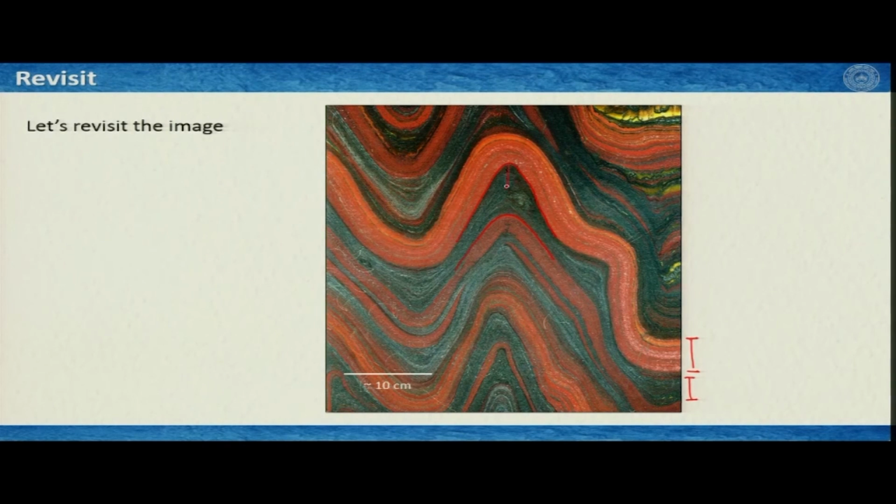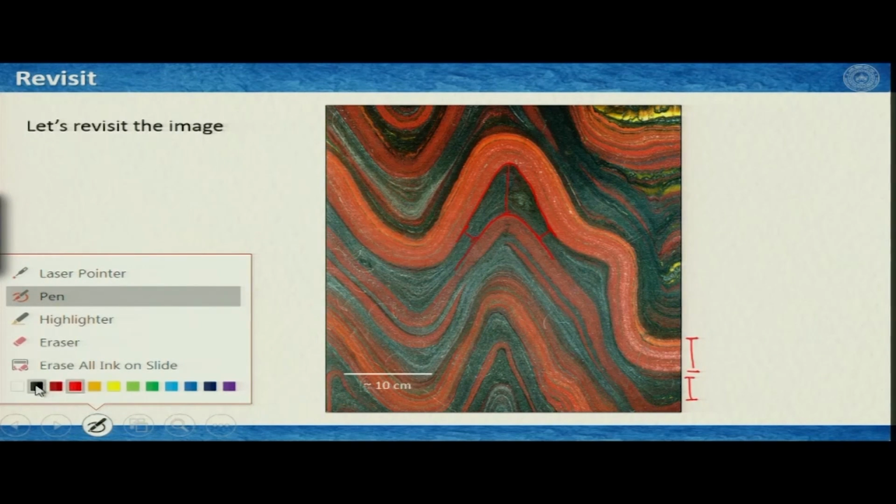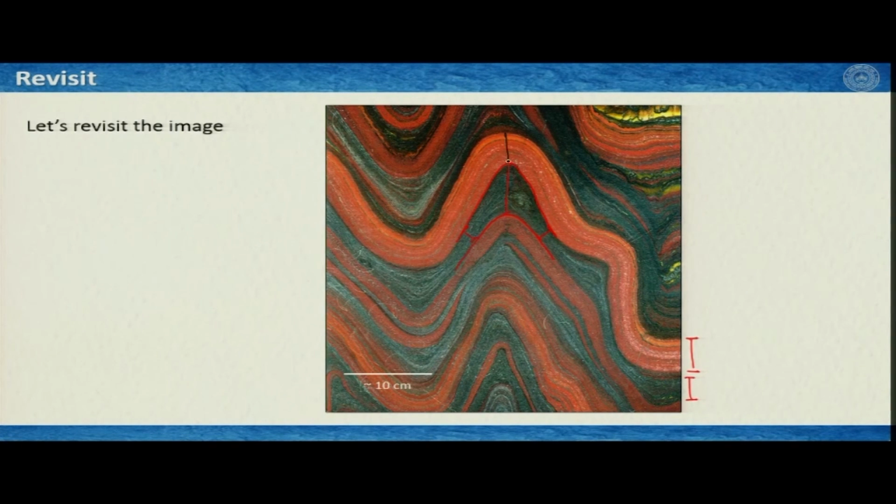Now you can understand this kind of feature much better, because you have just understood the dip isogons. In other ways, if I look at these red layers, the thickness is more or less constant or slightly variable.